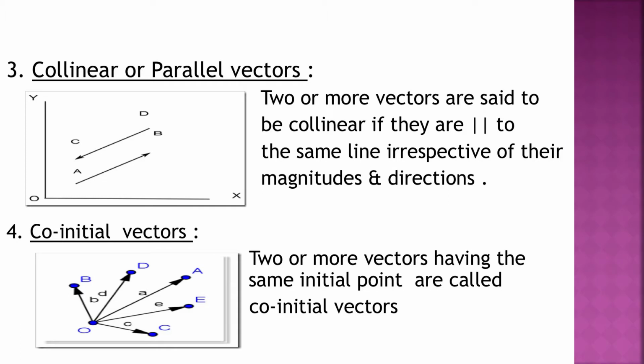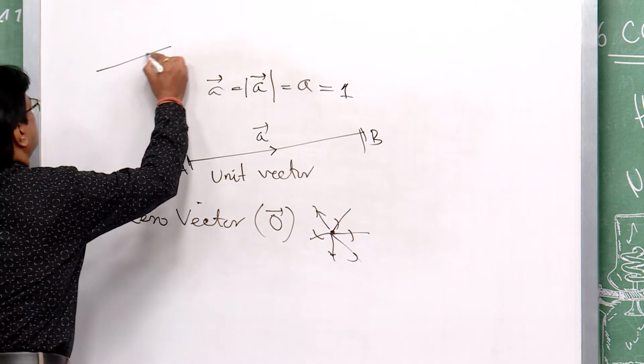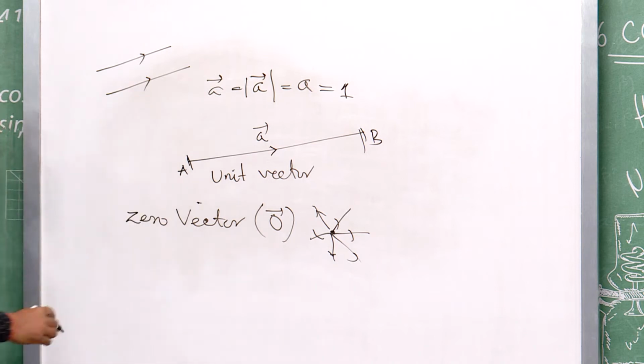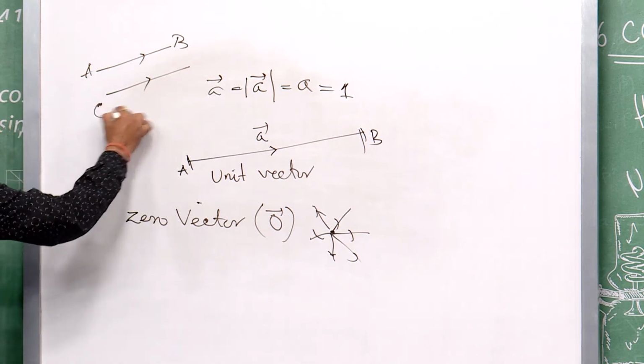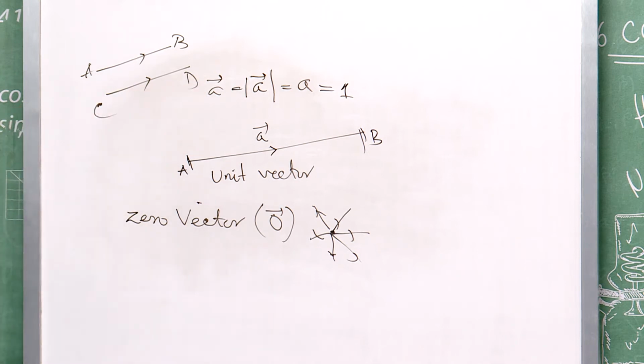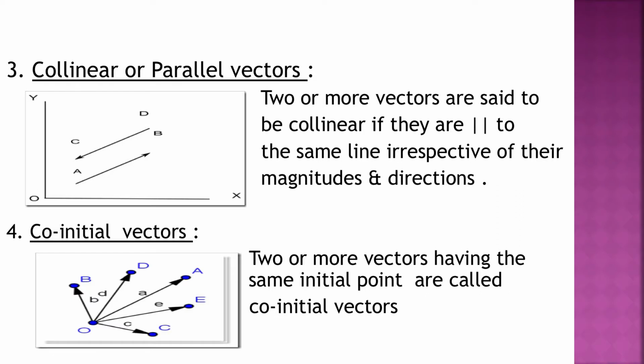Then come to collinear vectors or parallel vectors. Two or more vectors are said to be collinear if they are parallel. Suppose these two vectors are AB and CD. These two vectors are collinear or parallel vectors in the same line, irrespective of their magnitude and direction.